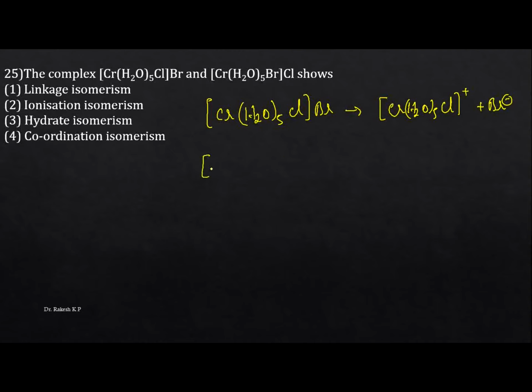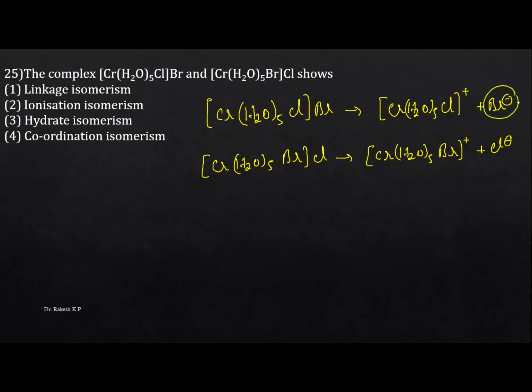Similarly, for the next complex, Cr(H2O)5 Br, Cl, it ionizes to give [Cr(H2O)5Br] plus and Cl minus. So on ionization, what you can identify is that we got different ions.